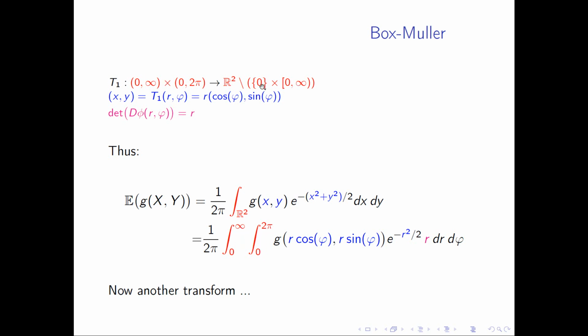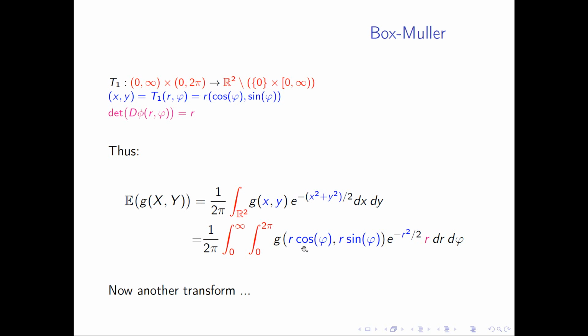That comes from the sets U and V. The blue is exchanging the coordinates x and y with respect to r and phi. So x is r cosine phi, y is r sine phi, and instead of x squared plus y squared we get r squared. And the magenta part is the Jacobi determinant.